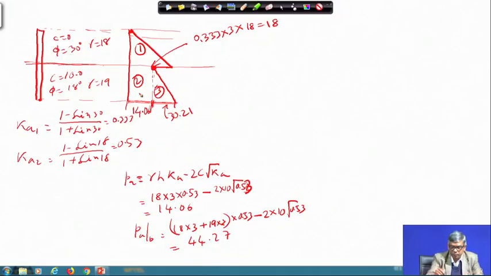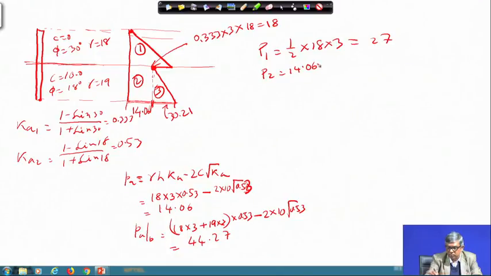So, P 1 will be equal to half multiplied by 18 multiplied by 3, so it will be 27, and P 2 will be equal to 14.06 multiplied by 3, that is 42.18, and P 3 will be equal to half multiplied by 30.21 multiplied by 3, that will be equal to 45.315.